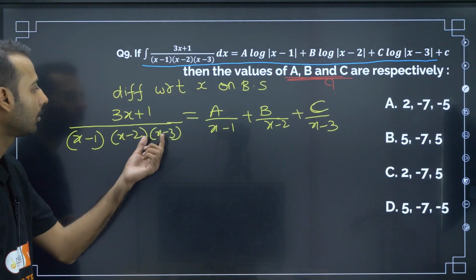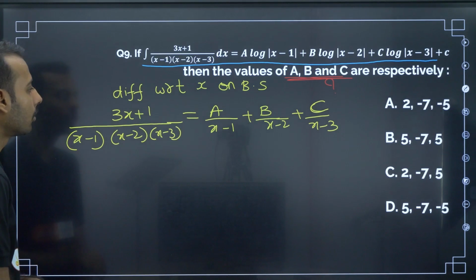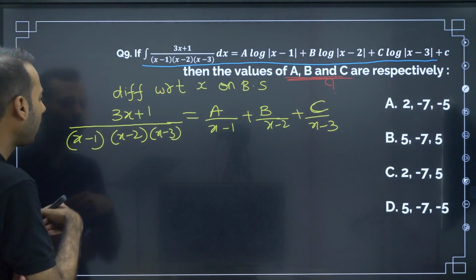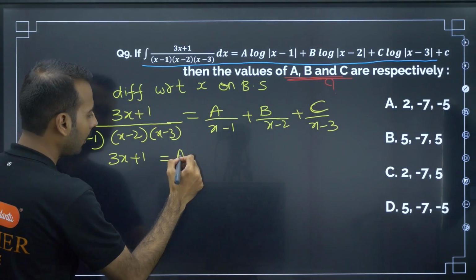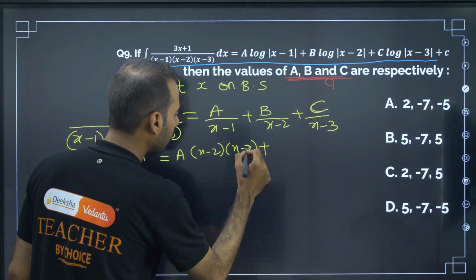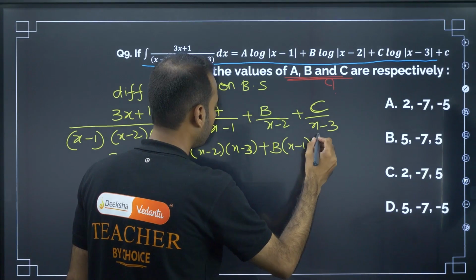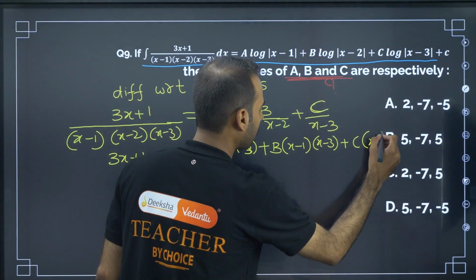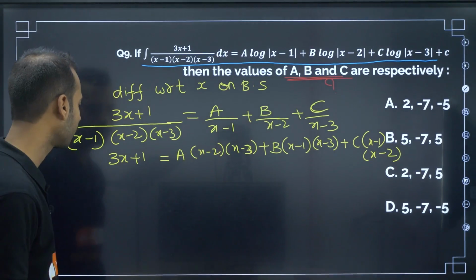Anyway, the differentiation of a constant is 0. So 3x plus 1 is equal to this. Now let me take the LCM on the RHS. 3x plus 1 is equal to a(x minus 2)(x minus 3) plus b(x minus 1)(x minus 3) plus c(x minus 1)(x minus 2).